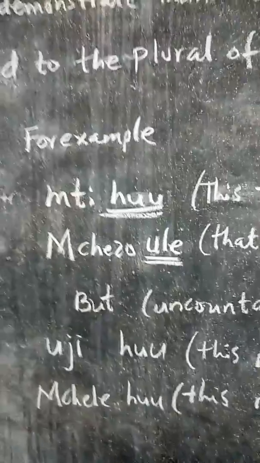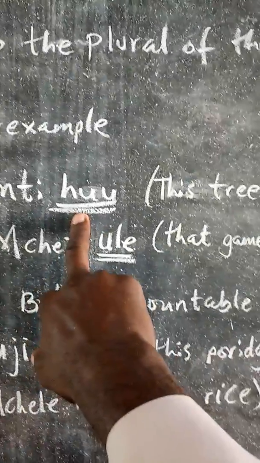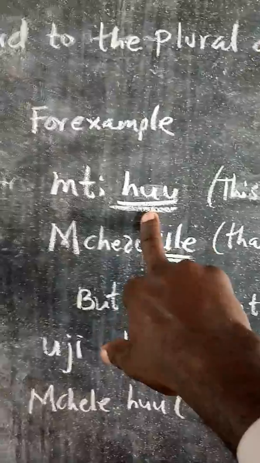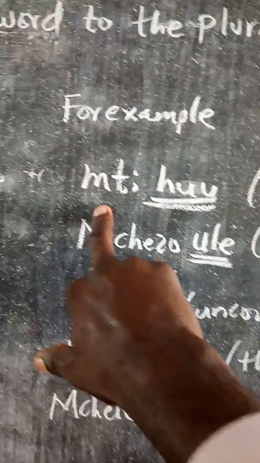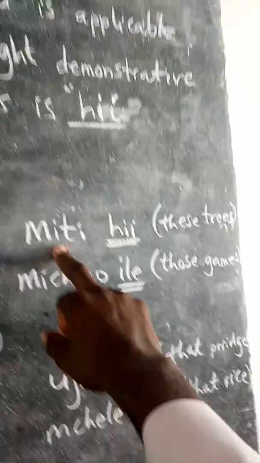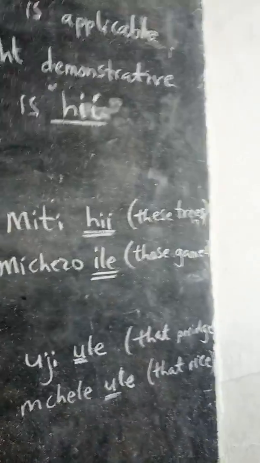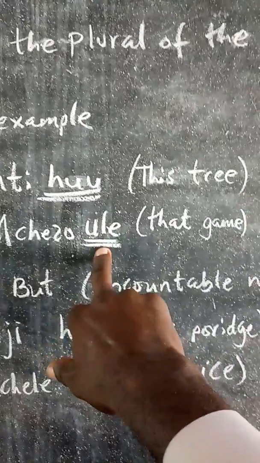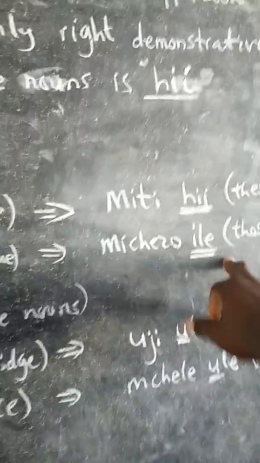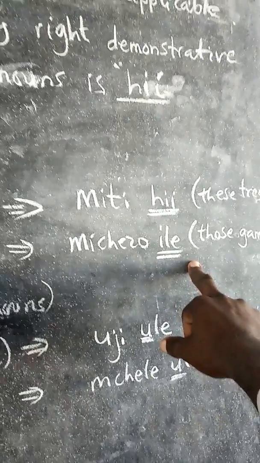For example, mti hu is among those words: the demonstrative for nouns that begin with m, mti hu, this tree. If they are plural, miti hii is used for plural, these trees. Mchezo hu, this game. Mchezo ule, that game. Here it should be michezo ile, those games, plural.